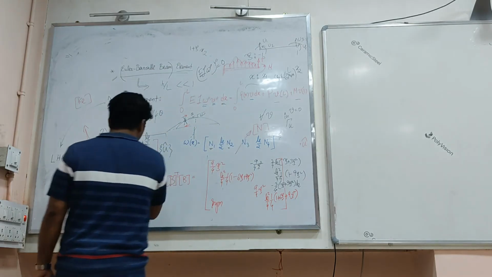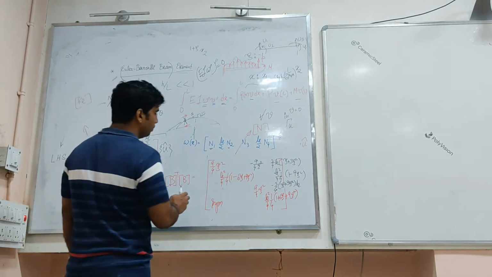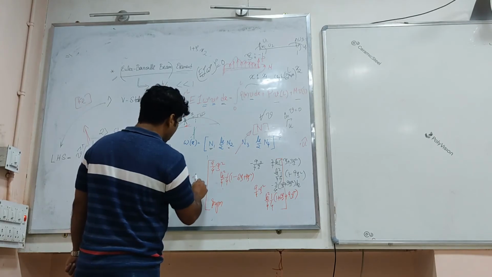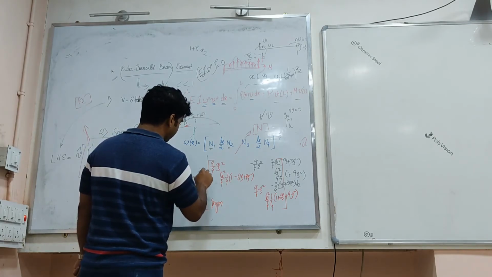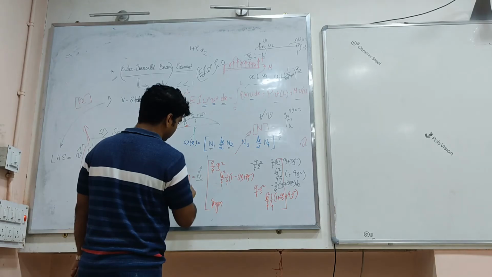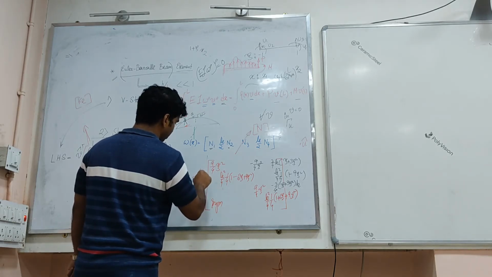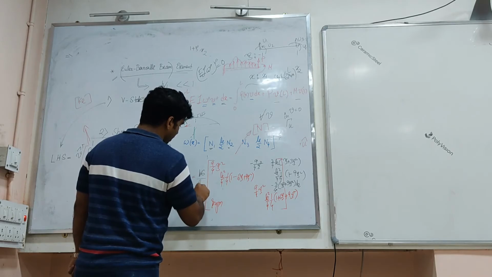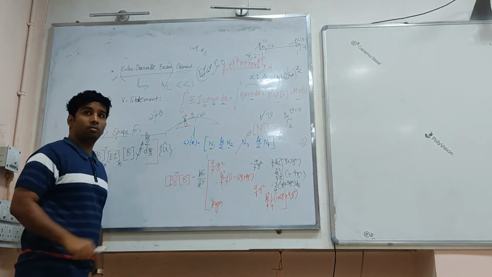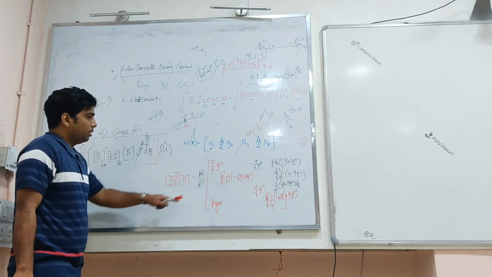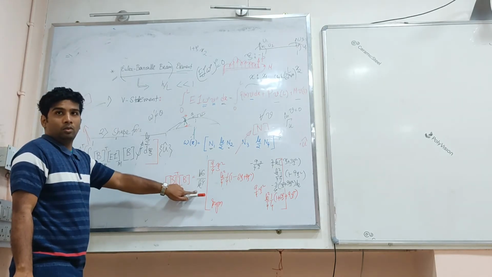Because you are working with B matrices, I believe you would also have this term, divided by L to the power 4. You see, the B matrix had 1 by J square.